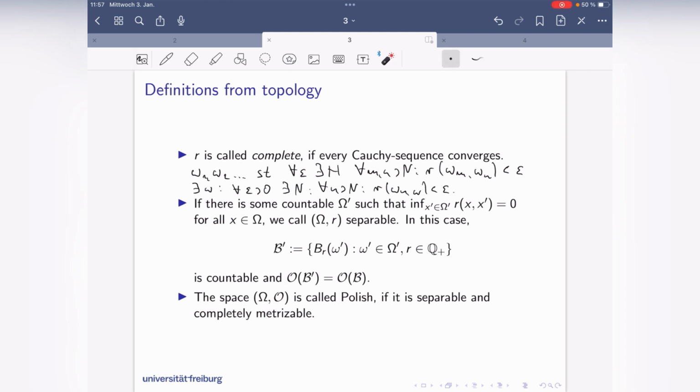So it's almost the same as above, but there I have no limiting object, and here I also have the limiting object. And the metric is called complete if every Cauchy sequence converges.